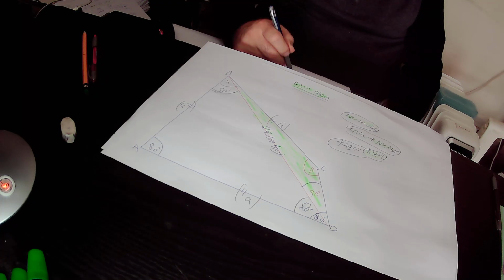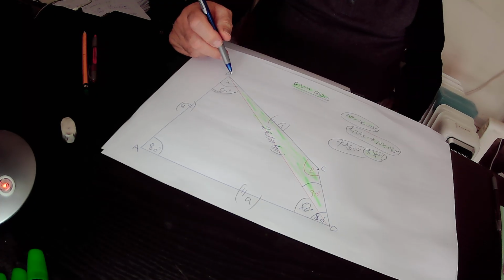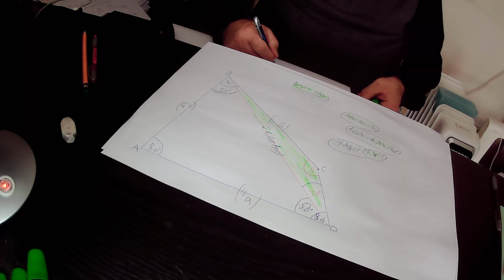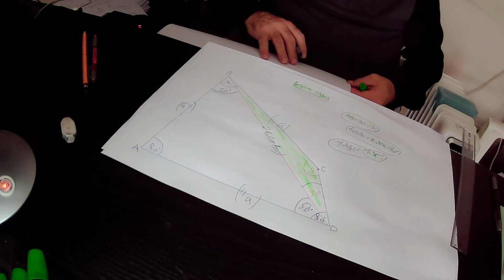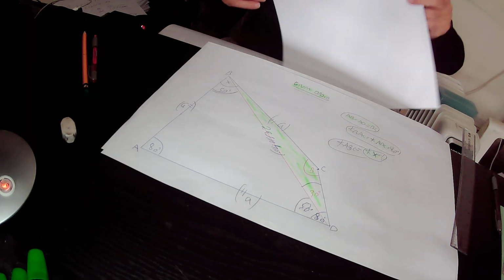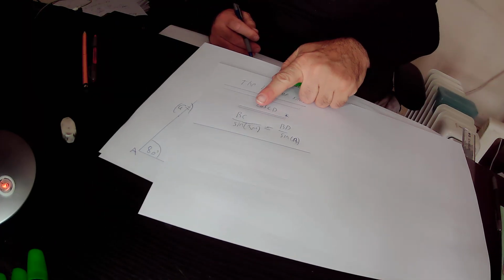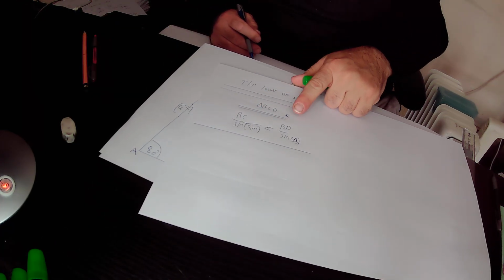And again, in this green triangle BCD, according to the law of sines, the following equation is true: BC over sine 30 degrees equals BD over sine beta.